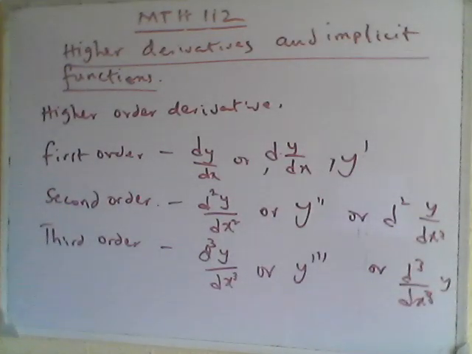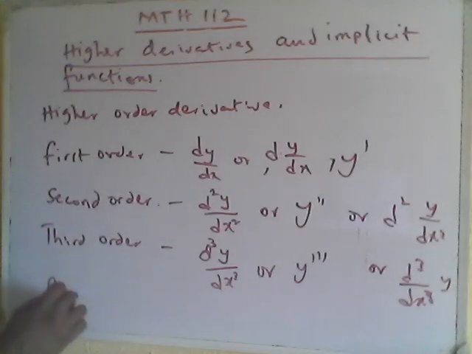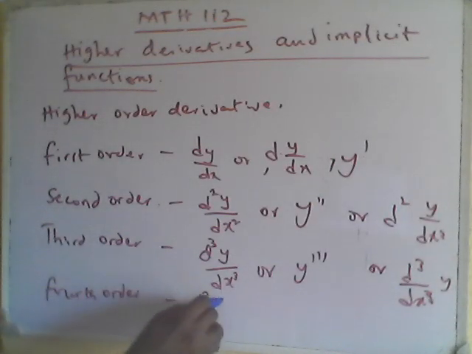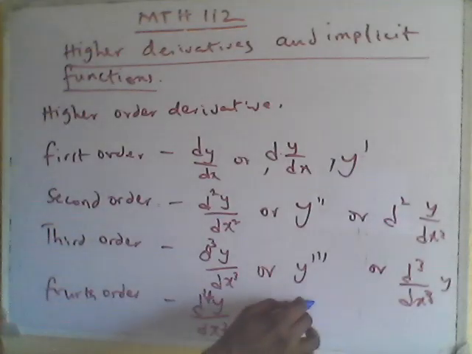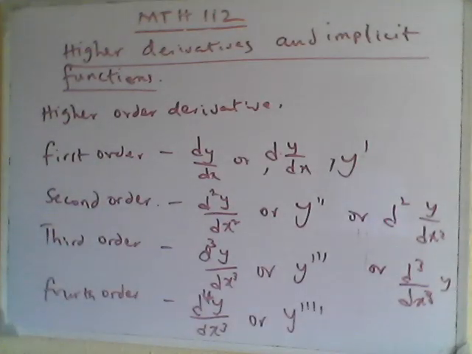It's the same thing. Fourth order is differentiating again the third order, whatever you have in third order, you differentiate it again. So the power shows the order, and the number of primes shows the order as well. This is how it's done.